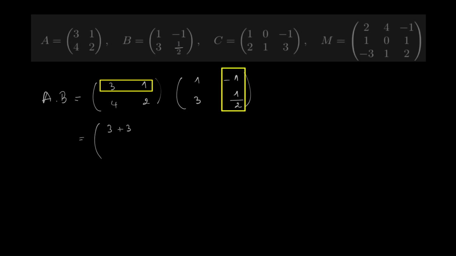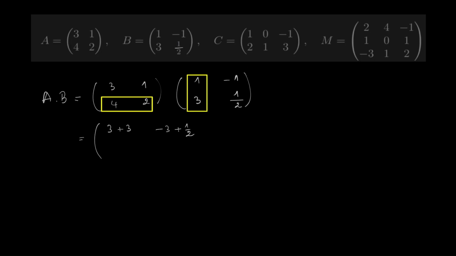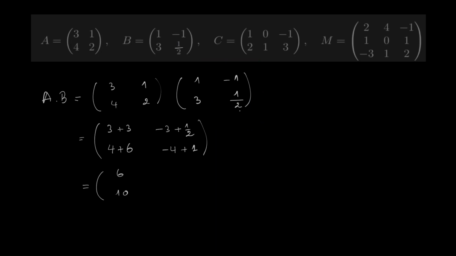For the first row multiplied by the second column, we get, for the second row and the first column, we obtain, and the second row multiplied by the second column, we get. Therefore, the result is 6, 10, minus 5 over 2, and minus 3.